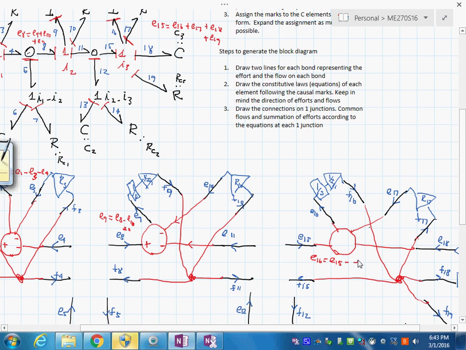We need to do the last one that says draw the connections on 0 junctions. This would be common effort junctions.